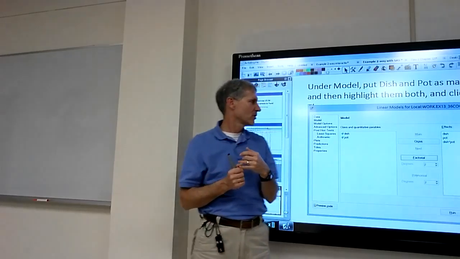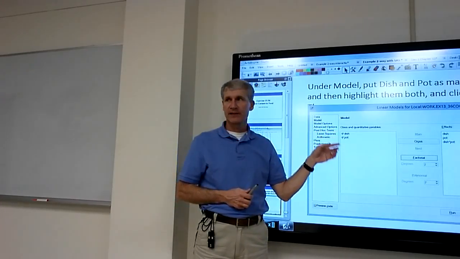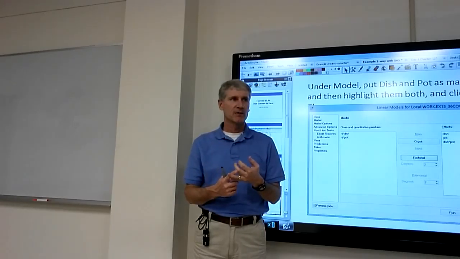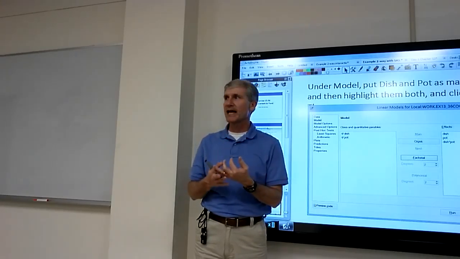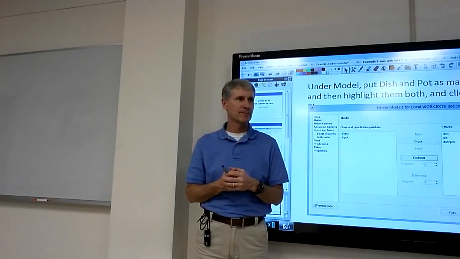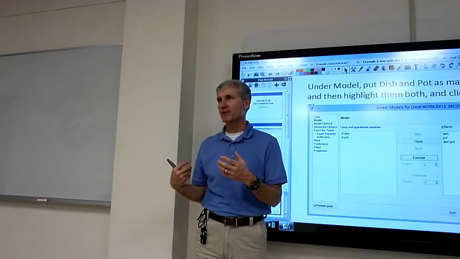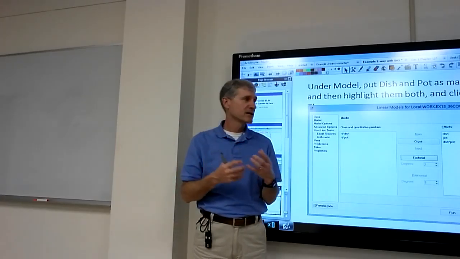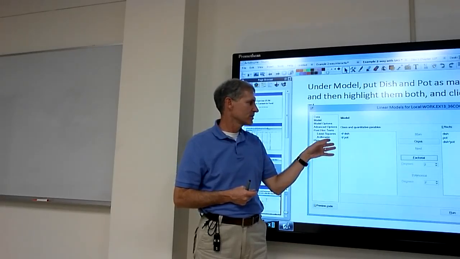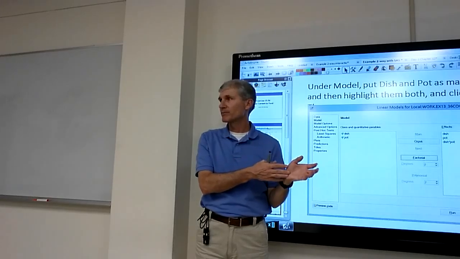Right? So if you have categorical factors, like both of these are categorical, type of dish, type of pot, then we put them in as what we call classification variables. They just classify the groups. Right? Analysis of covariance, which we're going to do as soon as we finish this chapter, will add the possibility to put in quantitative variables into the model as well.